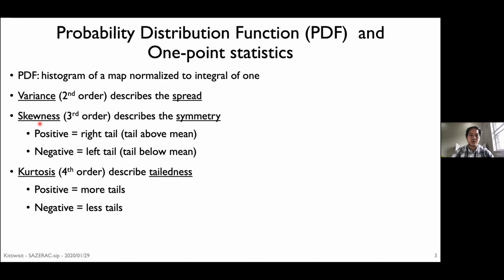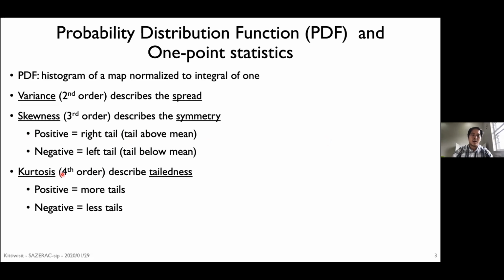So let's go into a little bit of detail here. Skewness describes the symmetry in a way that the PDF would have a positive skewness if the distribution is leaning toward the left, or in the same way it has a long right tail, and negative skewness means a long left tail.